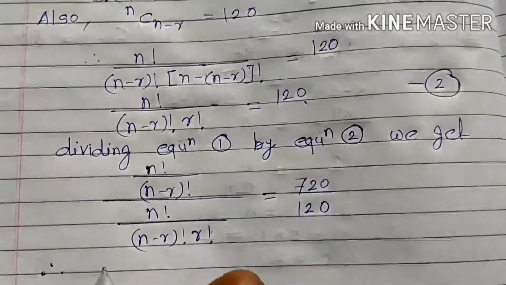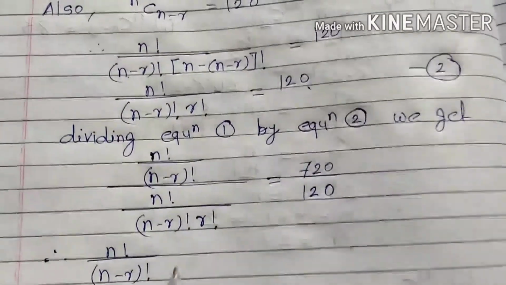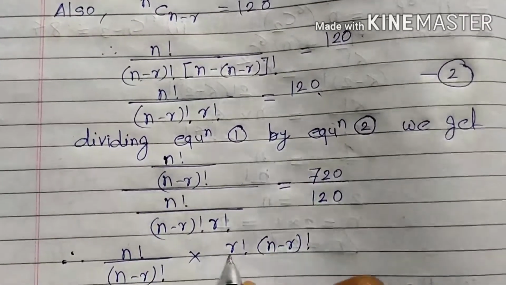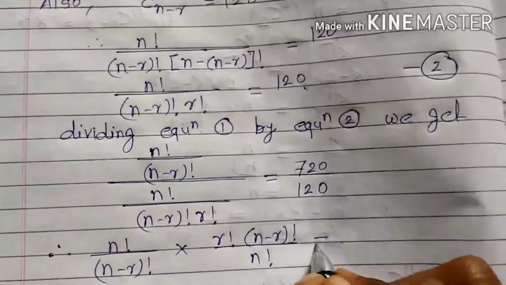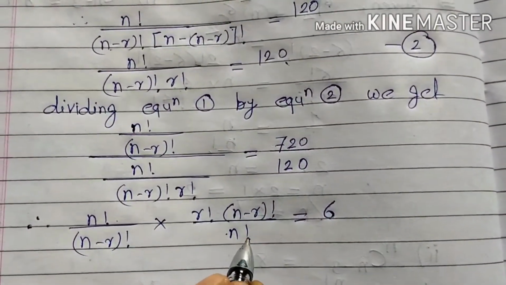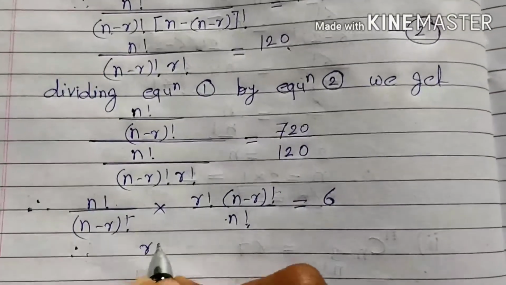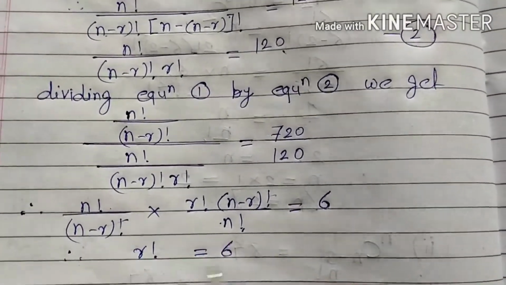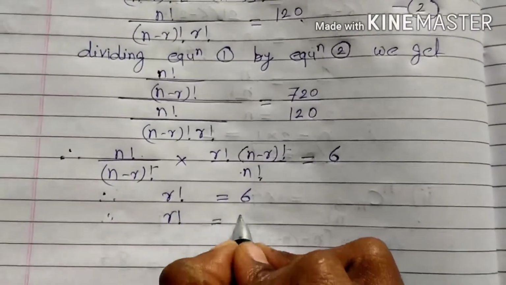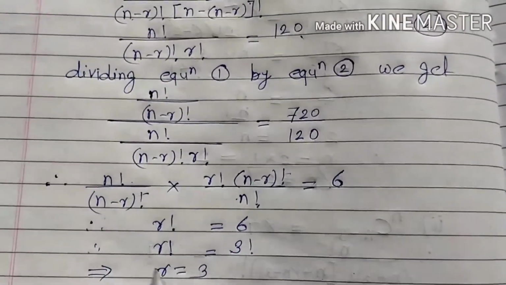So this can be written like that: n factorial upon (n minus r) factorial, into (n minus r) factorial into r factorial upon n factorial, which is equal to 6. So this n factorial and this n factorial cancel, and (n minus r) factorial cancels. So r factorial is equal to 6, and therefore it is 3 factorial. So this implies that r is equal to 3.